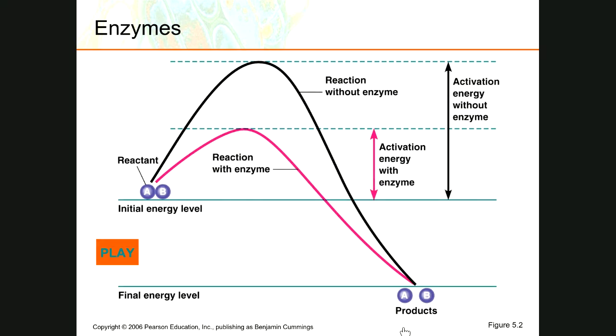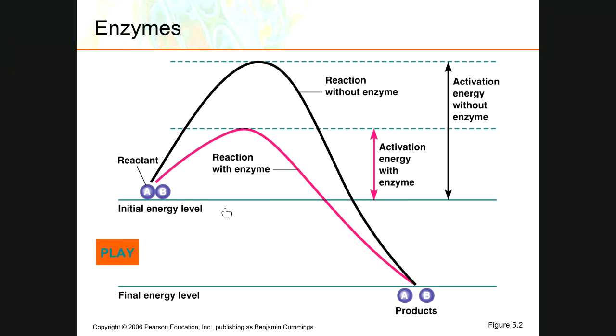So what we see here is the normal amount of energy needed for reactants, the two molecules that are going to react together, to form products. What enzymes do is they lower the energy of activation. And that allows the reactants to form products much faster.